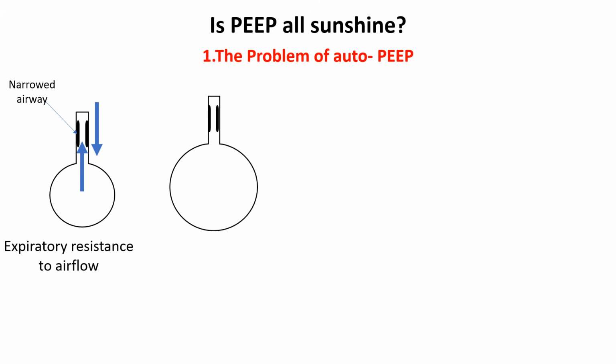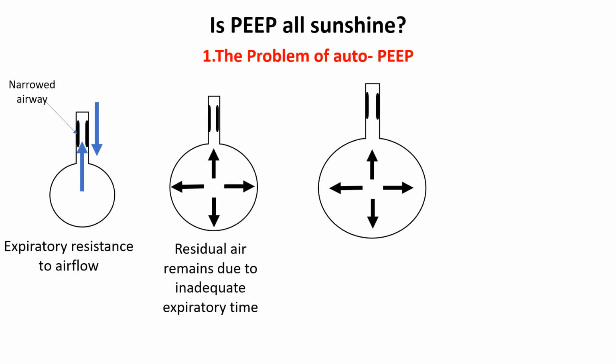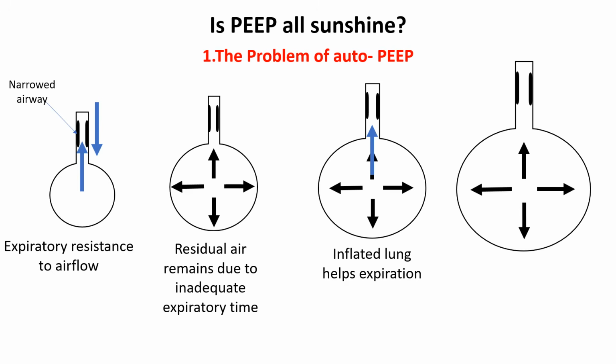This results in air trapping where residual air remains in the alveoli, exerting pressure on the alveolar walls and distending them. With each successive breath, alveoli continue to expand, increasing the pressure inside them. This elevated alveolar pressure enhances lung recoil, which helps push some trapped air past the obstruction. Eventually, the amount of air exhaled in each breath matches the amount inhaled, preventing further lung expansion.